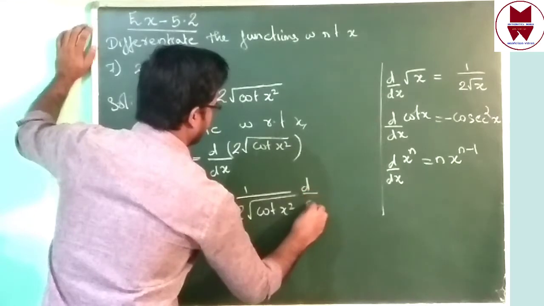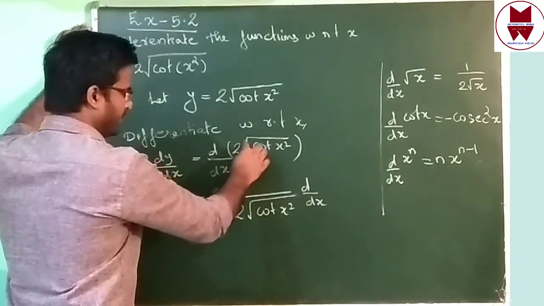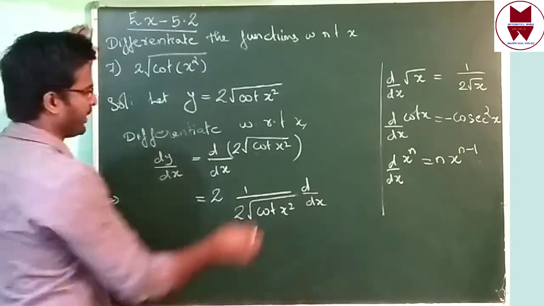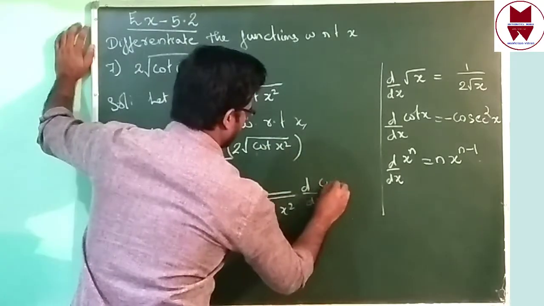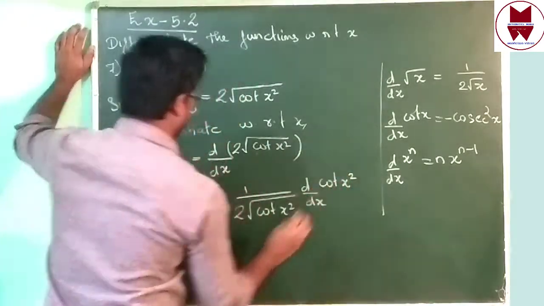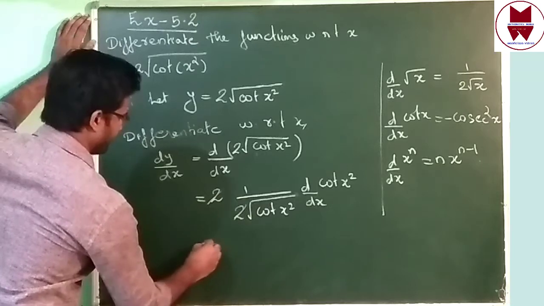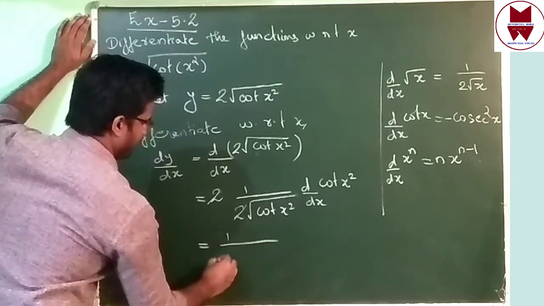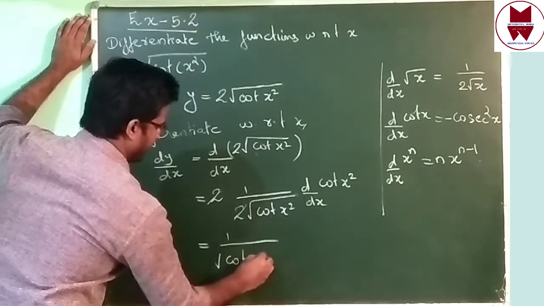Then d by dx of the remaining part also, cot x square. 2 and 2 we can cancel. Then remaining 1 by square root of cot x square.